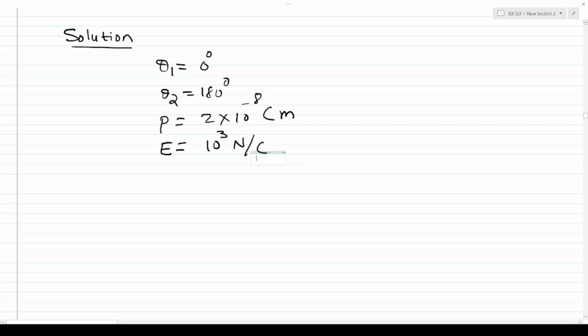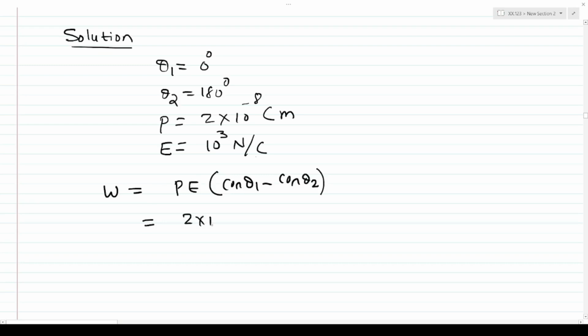Here is the solution. Theta 1 is 0 degrees, theta 2 is 180 degrees, P value is 10 raised to minus 8 coulomb meter, and E equals 10 raised to 3 Newton per coulomb. Now work done formula is nothing but PE into cos theta 1 minus cos theta 2. This relation we use here.